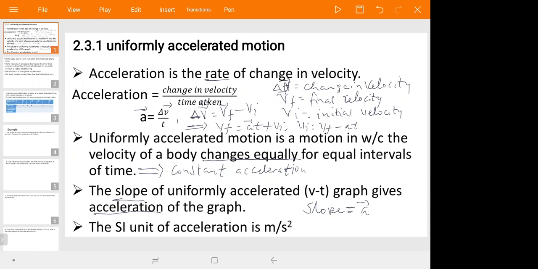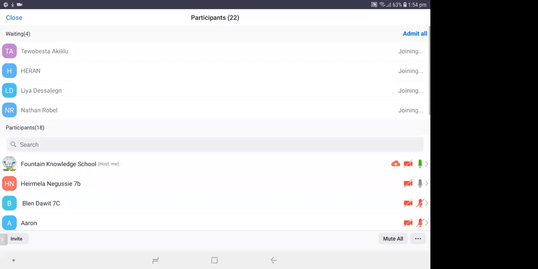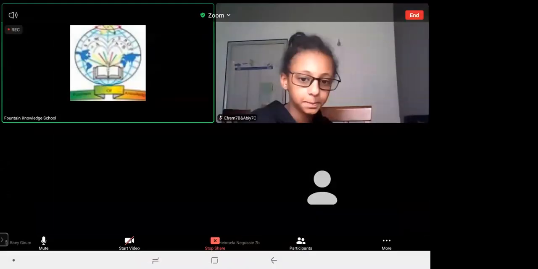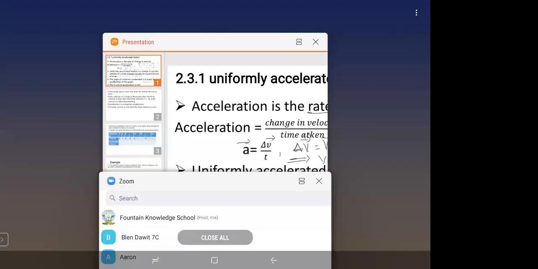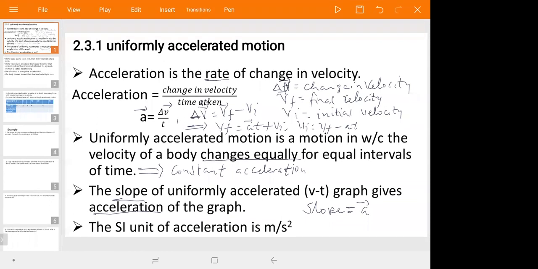The slope of uniform motion is equal to the velocity of the moving body. You have seen this in our previous time.